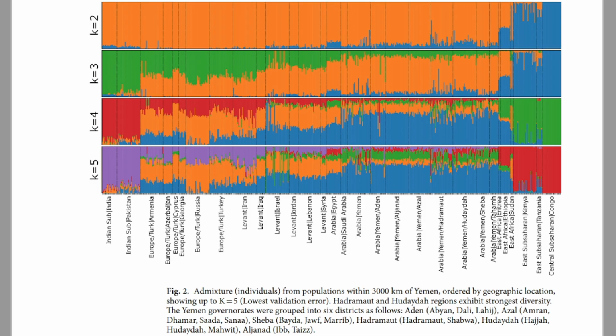The lowest validation error occurs at K equals 5, indicating the most accurate depiction of genetic diversity for this analysis. The color patterns. Each color corresponds to a genetic component. If an individual shows multiple colors, it means their genetic makeup derives from multiple ancestral populations.